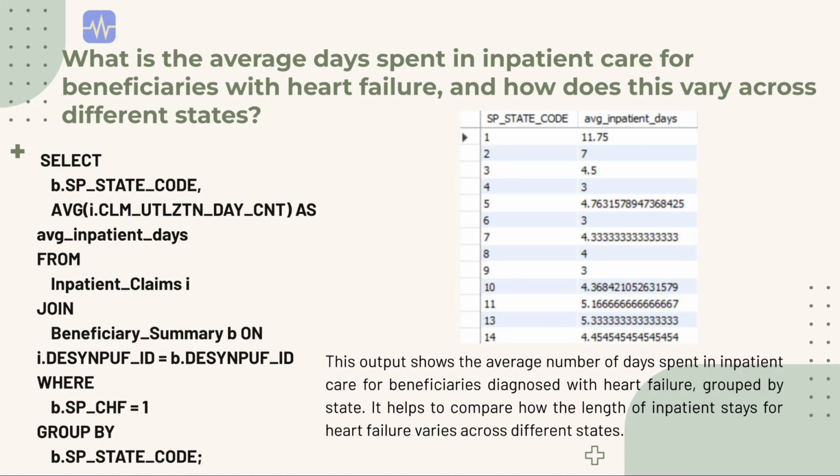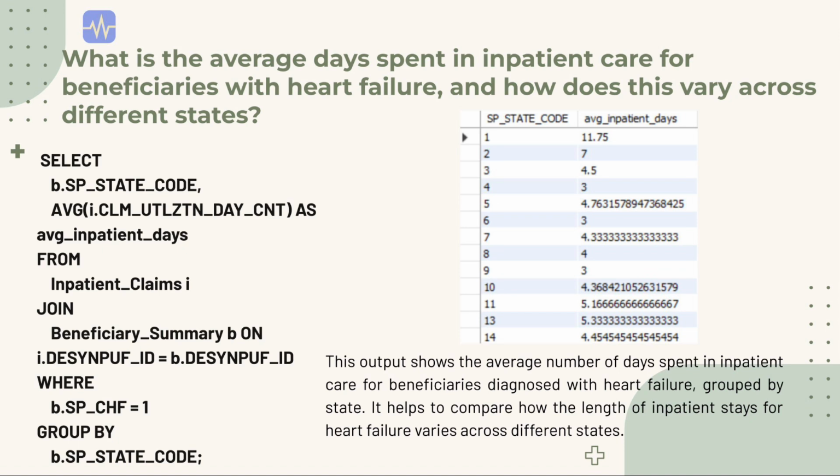This query presents the calculated average number of days spent in inpatient care for beneficiaries diagnosed with heart failure and how this varies across different states. The state code column from the beneficiary table was used to represent the state code for the beneficiary, which we can group in the results by the state where each beneficiary resides.